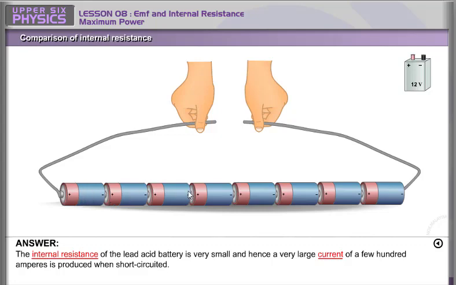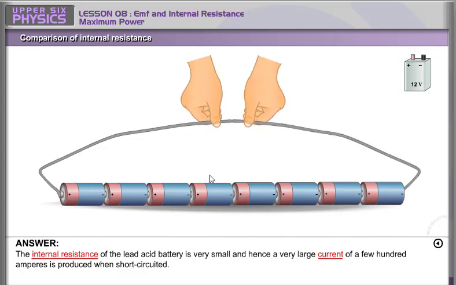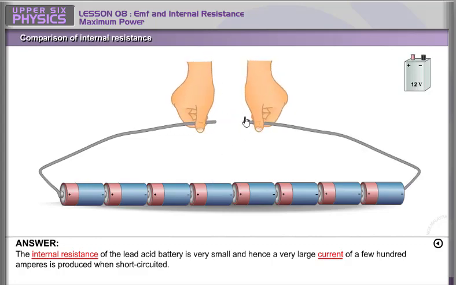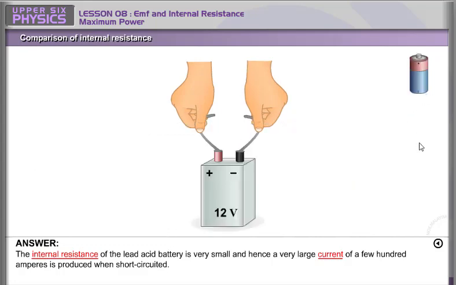The total internal resistance is very big, so the current that actually flows is very small, so although it is a short circuit, it is not enough to create the sparkle. Here only one cell, which has a very small internal resistance, produces a larger current.